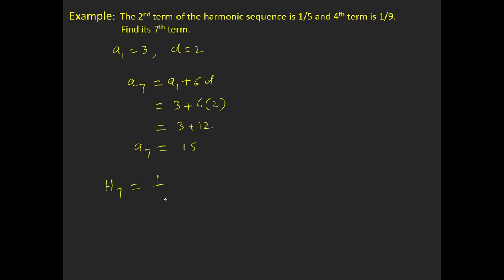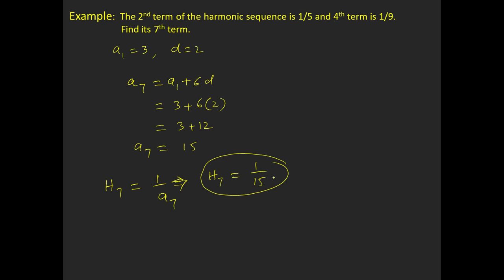This will be equal to 1 over a7, so h7 is 1 over a7, and a7 is 15. So we have got the 7th term of the harmonic sequence or harmonic progression.